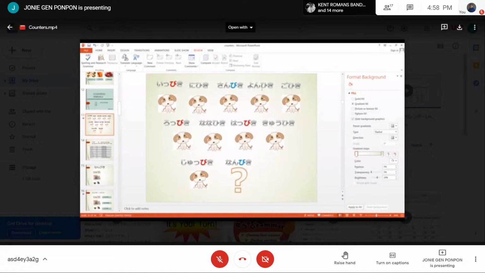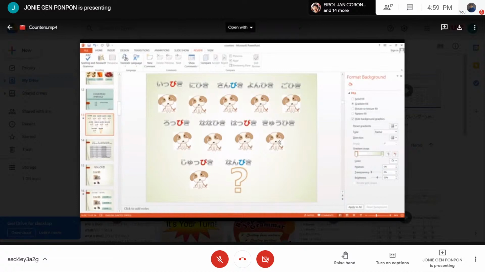For 4 dogs, yonhiki. 5 dogs, gohiki. 6 dogs, roppiki. 7 dogs, nanahiki. 8 dogs, happiki. And then for 9 dogs, kyuhiki. And then for 10 dogs, that is juppiki.